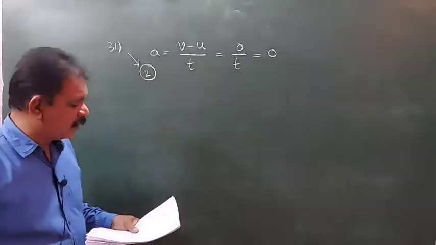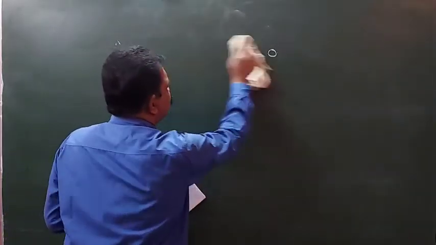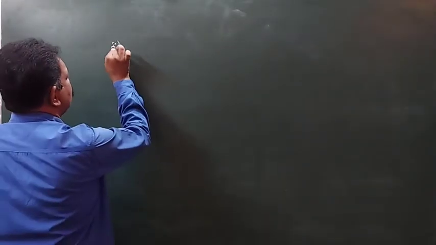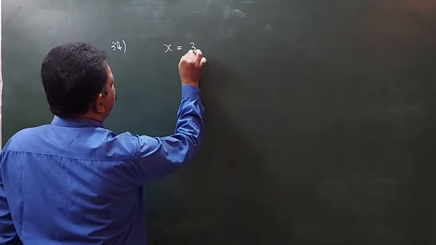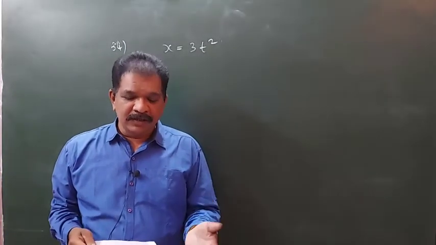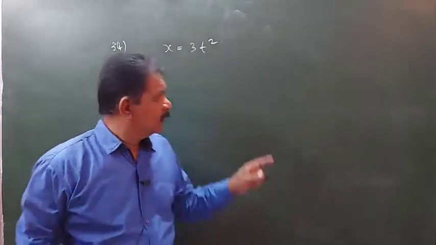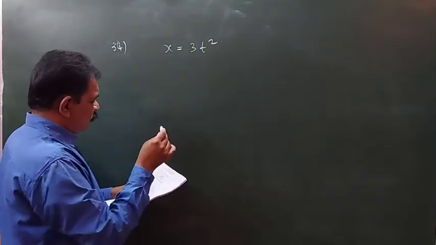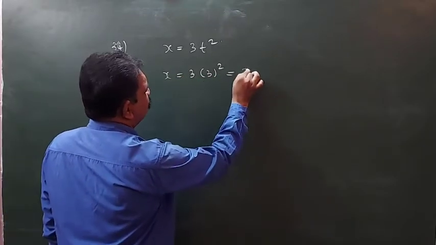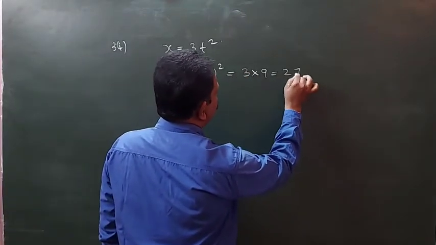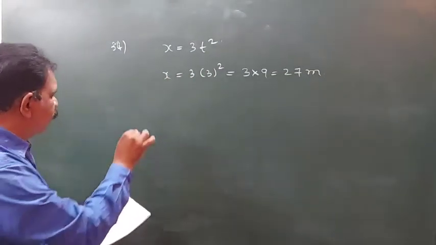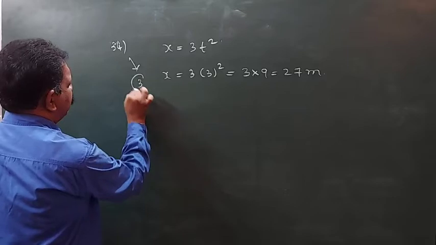How distance or displacement is varying with time they mentioned. So here x is equal to 3t square. Clear? What is its position at t is equal to 3 seconds? Substitute here 3. So x is equal to 3 into 3 square, 3 into 9. This value will be 27 meter. So 34, it will be third option.